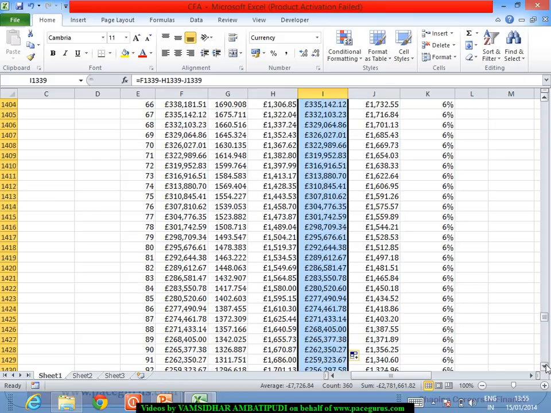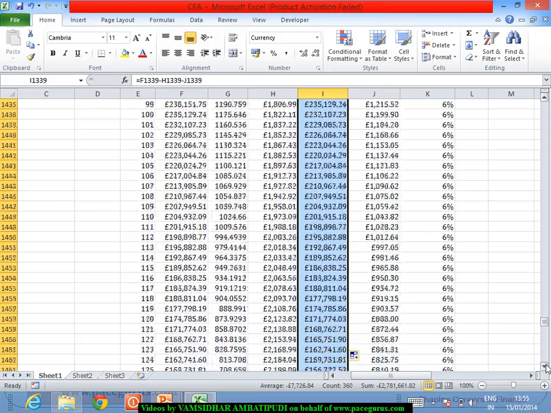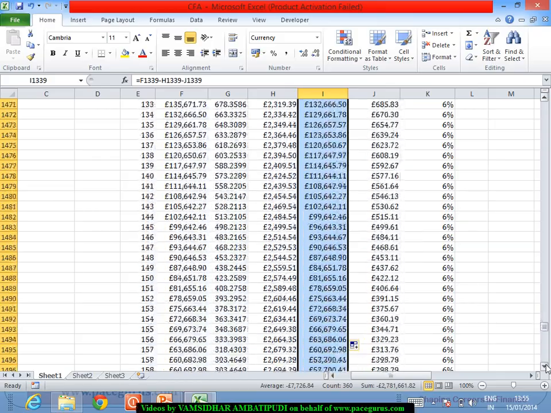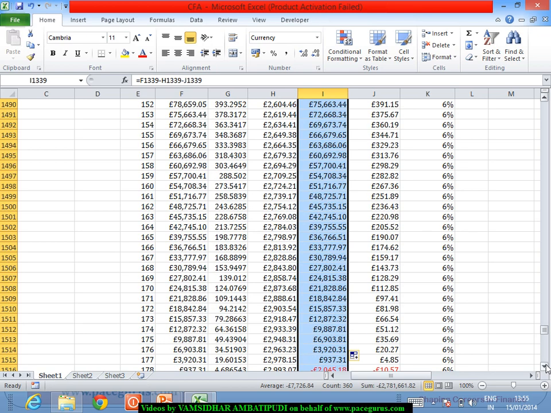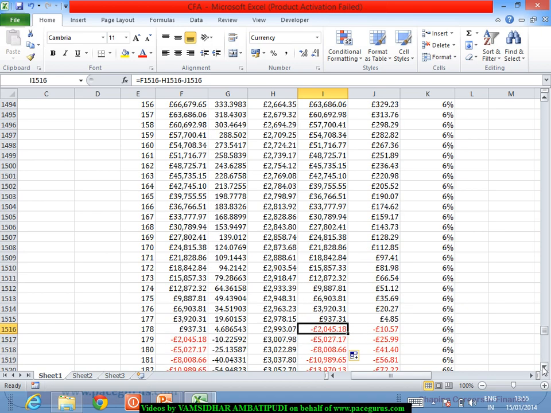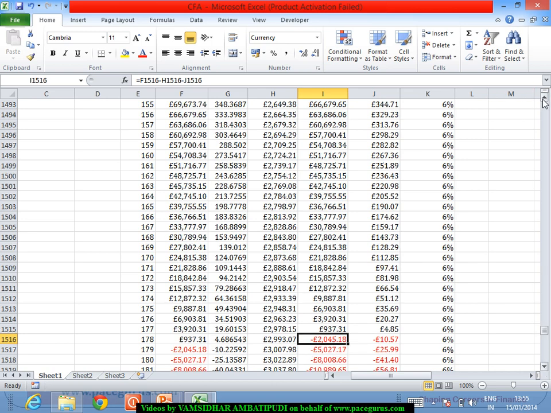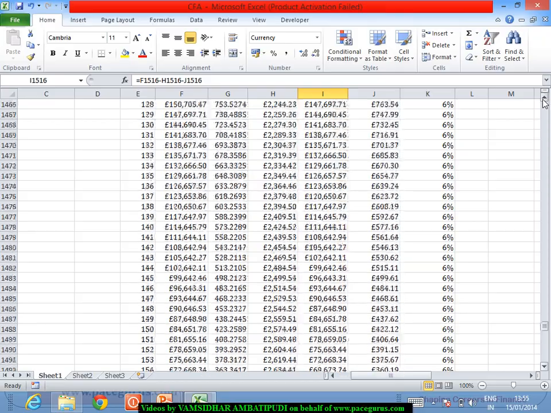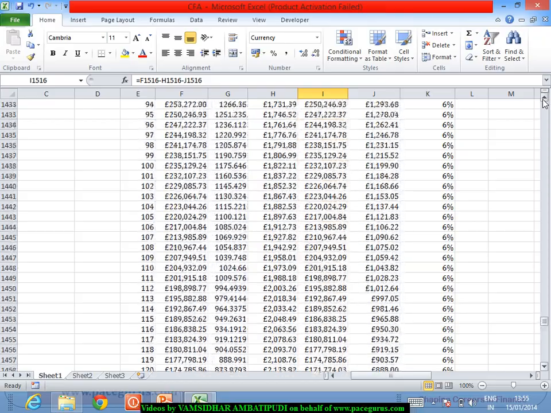probably by around the 178th month, on an average, I am expecting that the loan is completely getting paid off, assuming the prepayments are going with the industry benchmark.